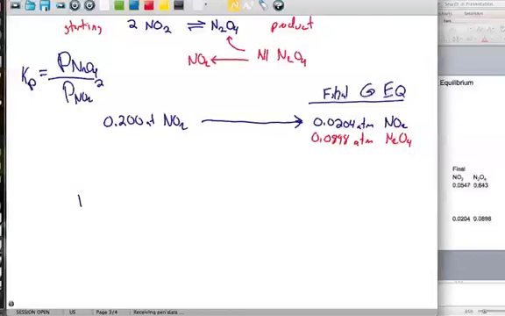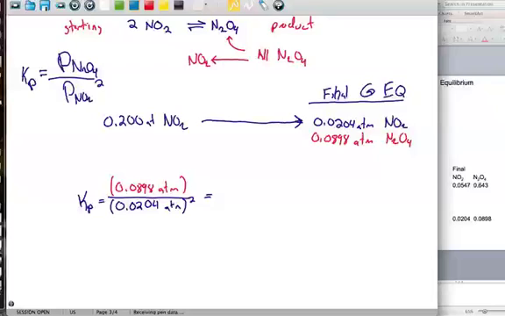Once we have those, we can plug in those values. For Kp, we have 0.0898 atmospheres of our N2O4 divided by 0.0204 atmospheres of NO2 squared.